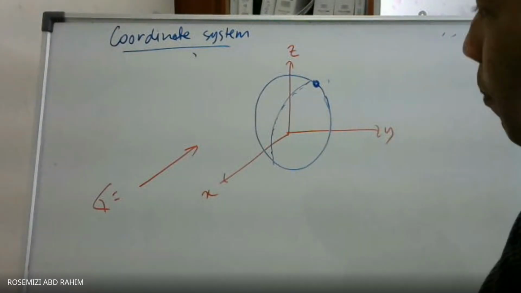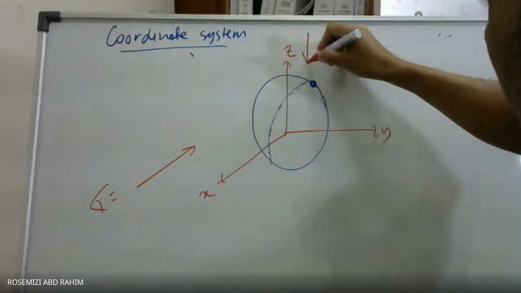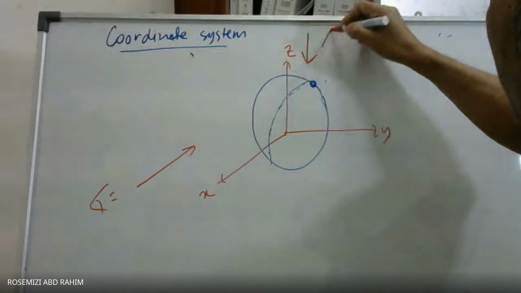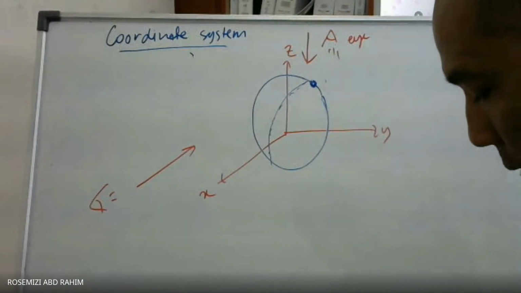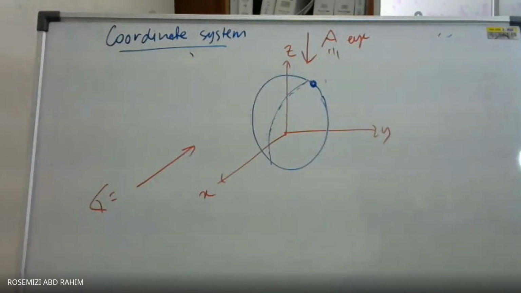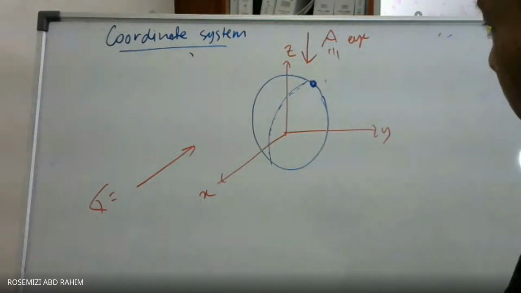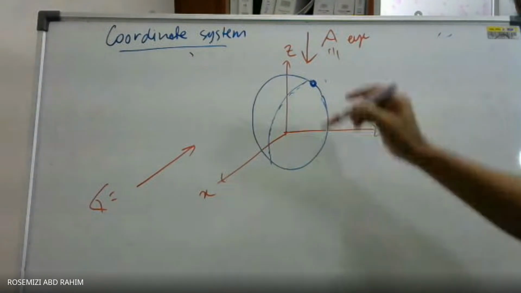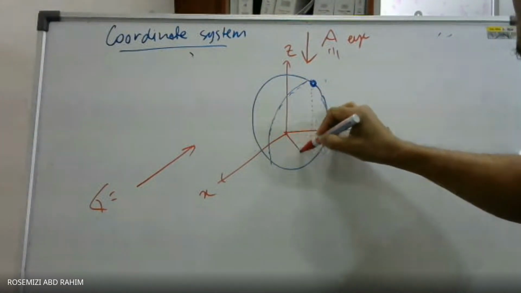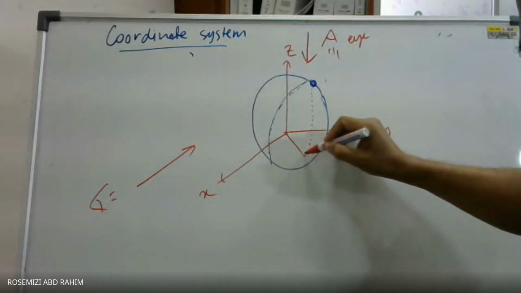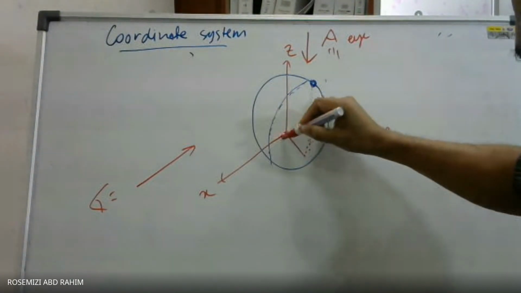If we look from here, our eye is here. What we can see, we plot it. This is phi.